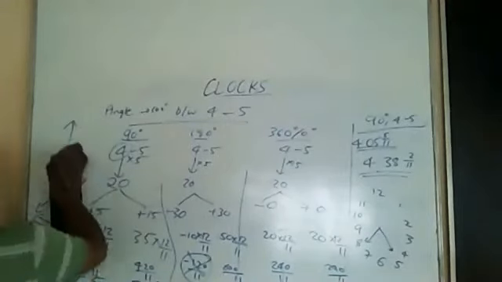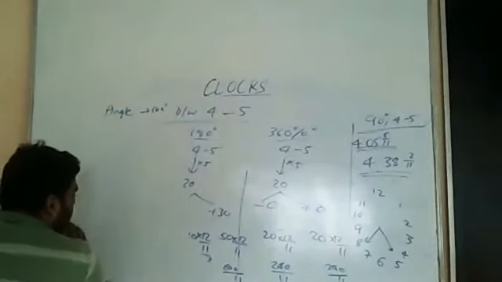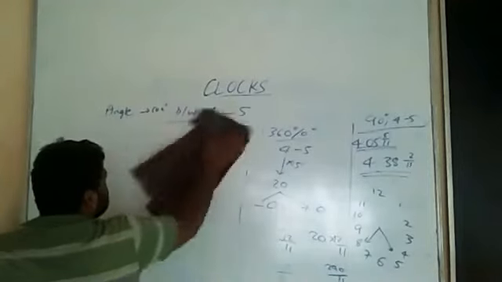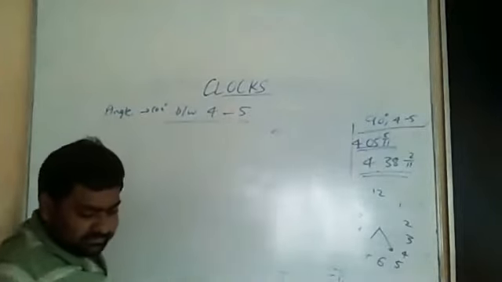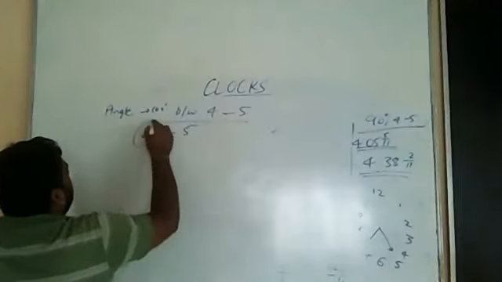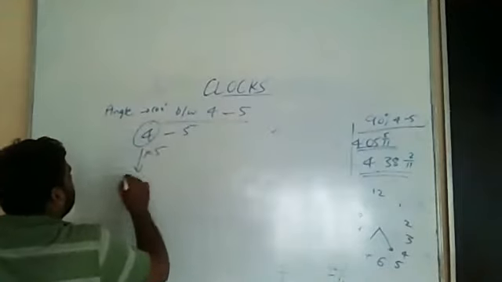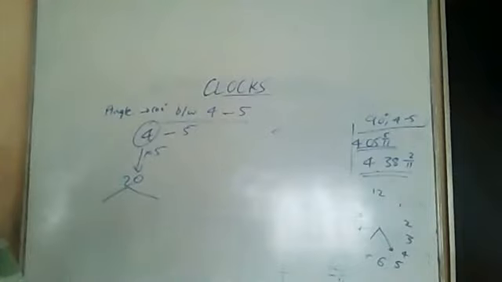Now, if I ask you 100 degrees between 4 and 5, what are you going to do? All you are going to do is write 4 dash 5. You are going to multiply this by 5. You are going to get 20. If it is 100 degrees, then what is it that you have to subtract?